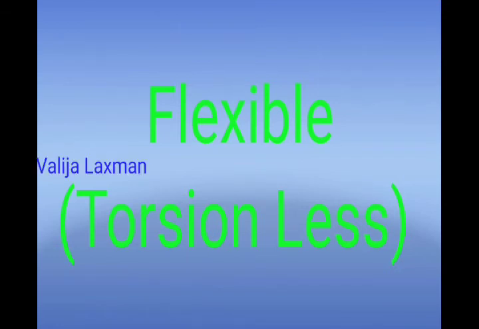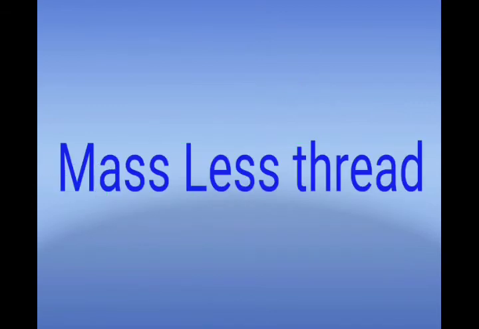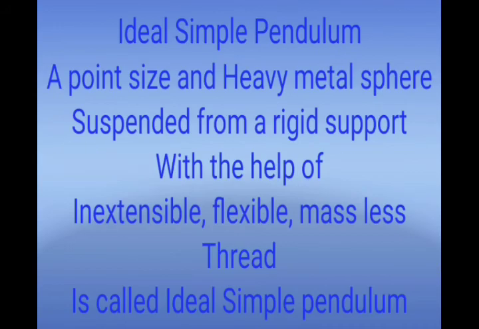That is also called torsionless. And next condition is that whatever thread we are taking, it should be massless. So, the thread should satisfy three conditions. First, it should be flexible, second, it should be massless, and third, it is inextensible.